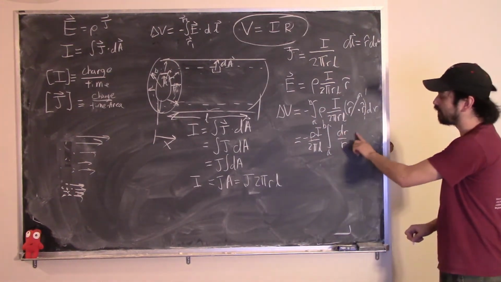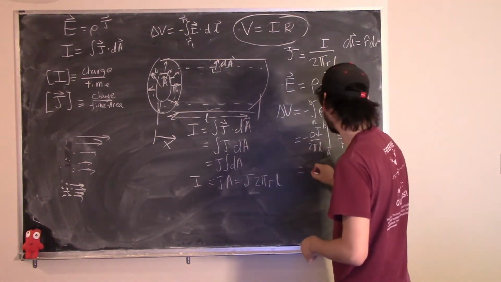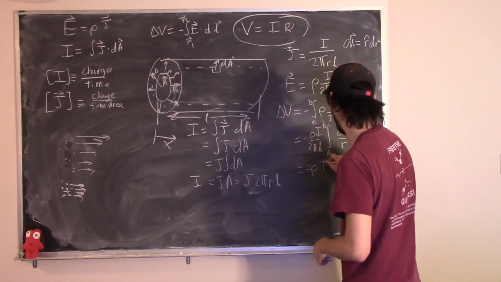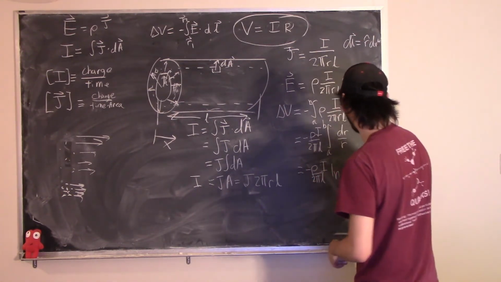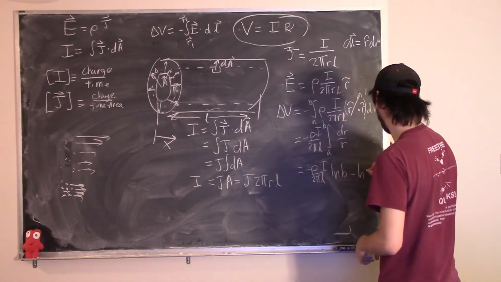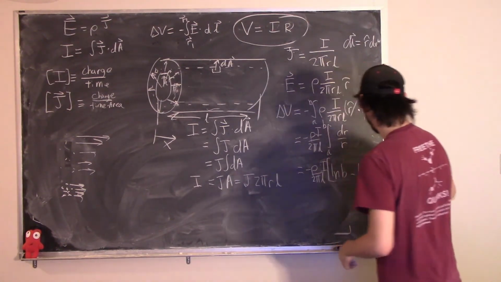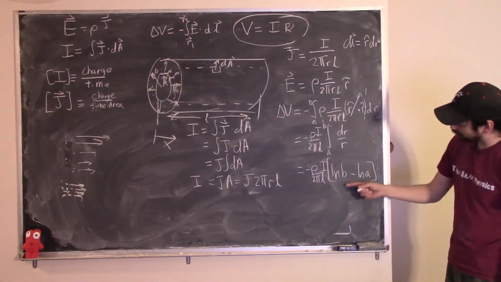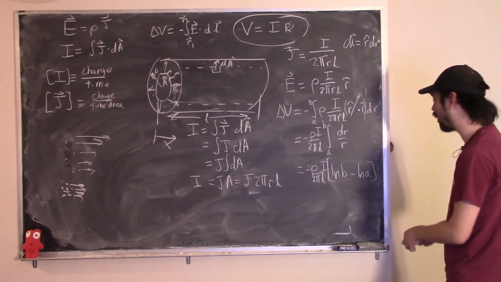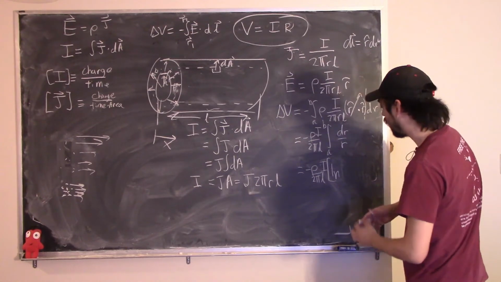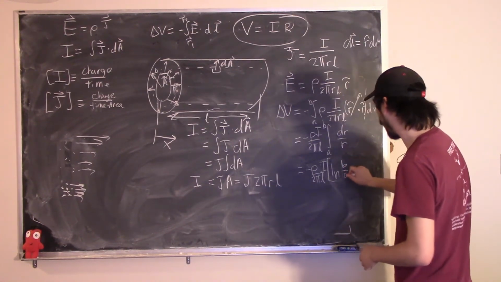This is just going to give us a natural log, and so this is going to be equal to minus rho I over 2 pi L times the natural log of B minus the natural log of A. Okay. Now we can use some rules for combining natural logs, and so ln B minus ln A is really just ln B over A.